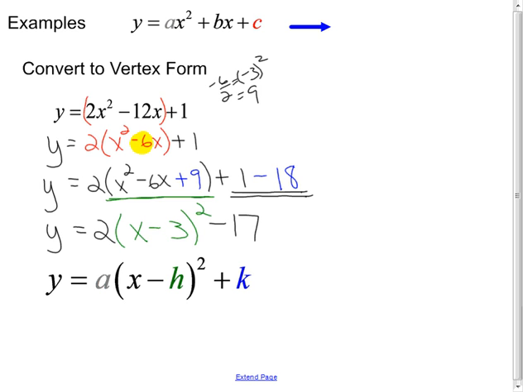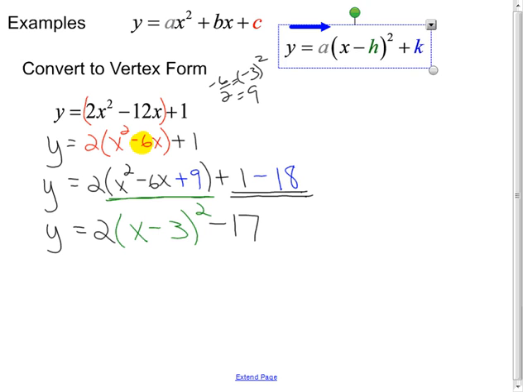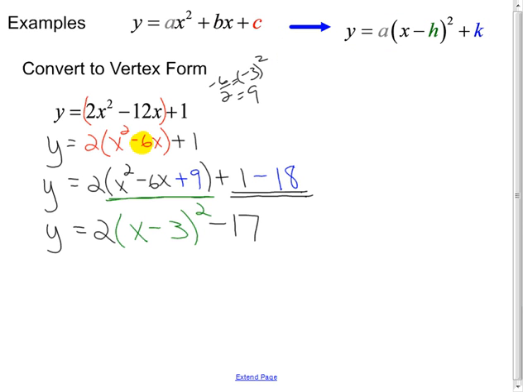I used a technique called completing the square. And that is what I did by taking these 2 terms and adding a third term of 9 to make a perfect square trinomial.